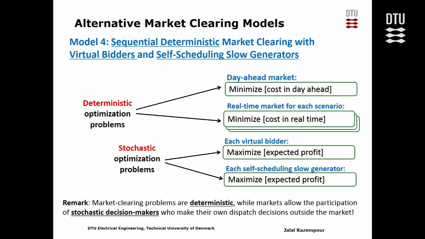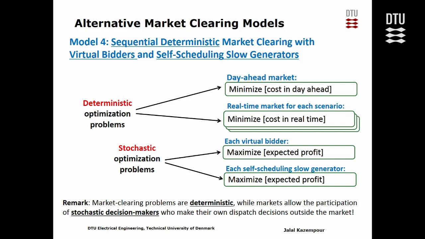We don't ask the market operator to solve a stochastic problem. What we do is allow someone to fix their quantities in the market, and we hope that they are solving a stochastic problem. Yeah? So it's kind of bypassing.